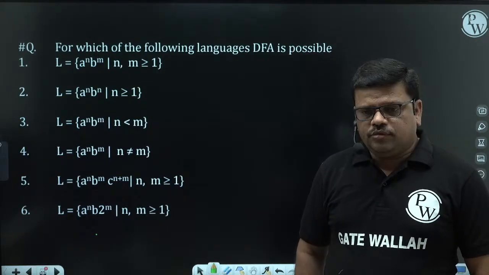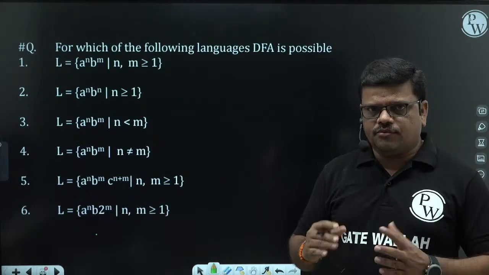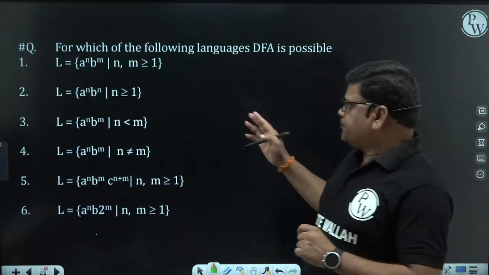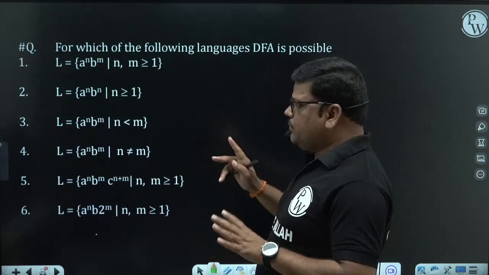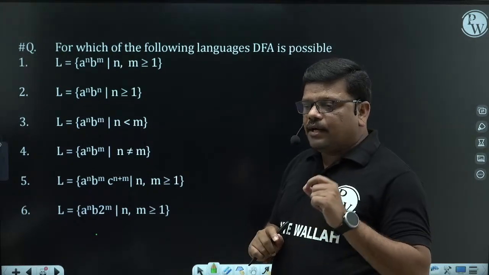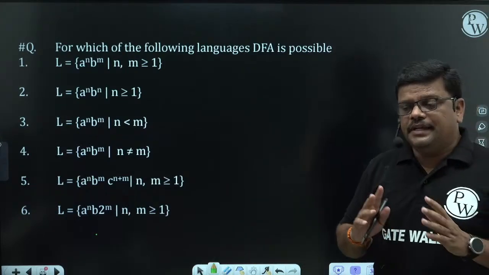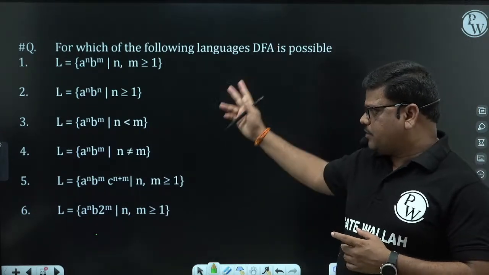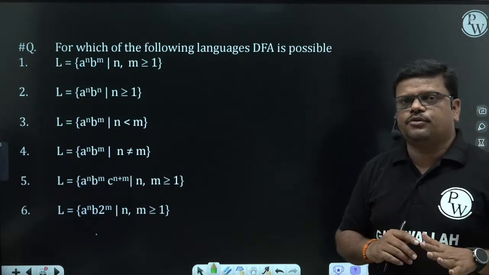When is DFA possible for a given language, and when is DFA not possible? If you want to observe, analyze from the given language whether any comparison exists or not. In any language of this nature, if comparison exists, DFA is not possible.